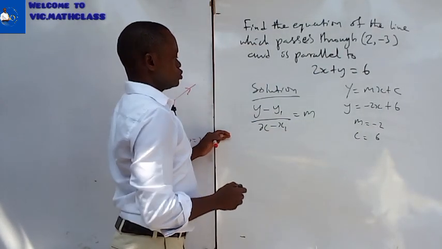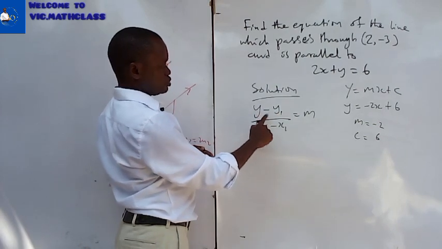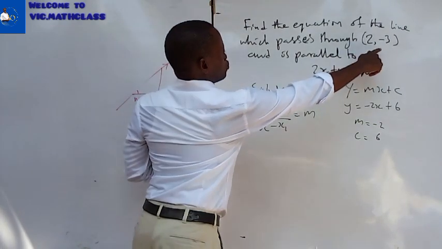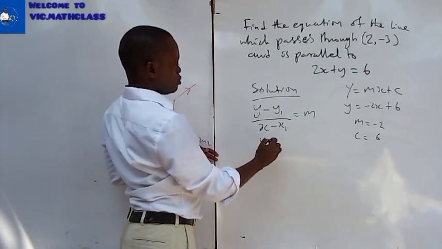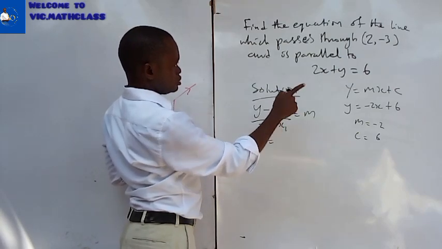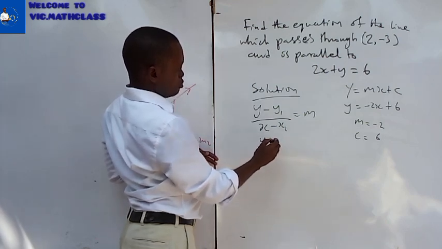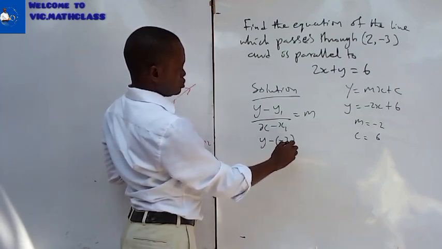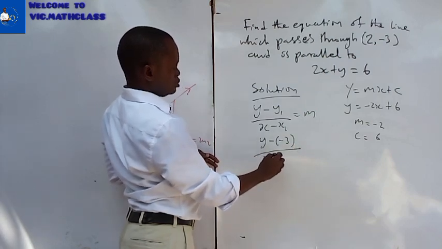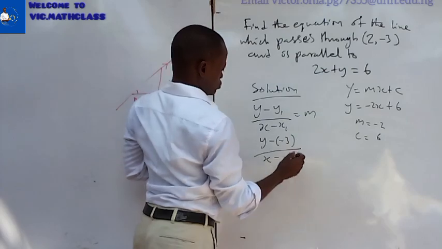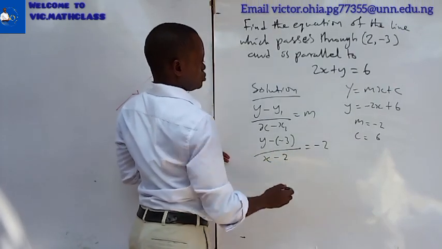This is (y2 minus y1), but because only one point is given, I will use y minus, that is y minus minus 3, all over x minus 2, and this equals the gradient, minus 2.